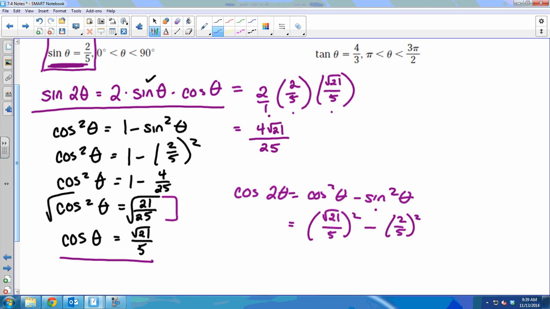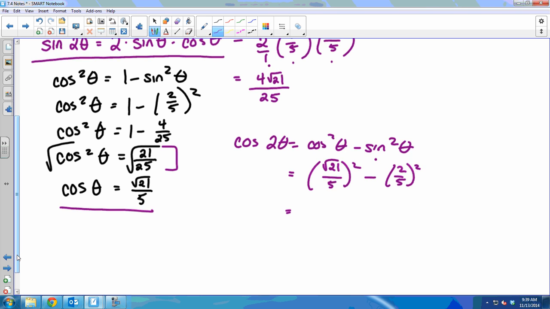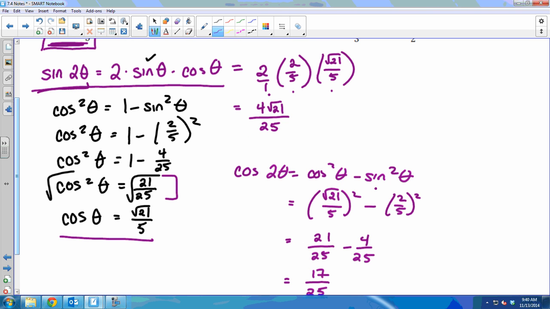It's the same thing. So we end up getting 21 over 25 minus 4 over 25, over 25. That's cosine 2 theta. I'm now finding tangent 2 theta.